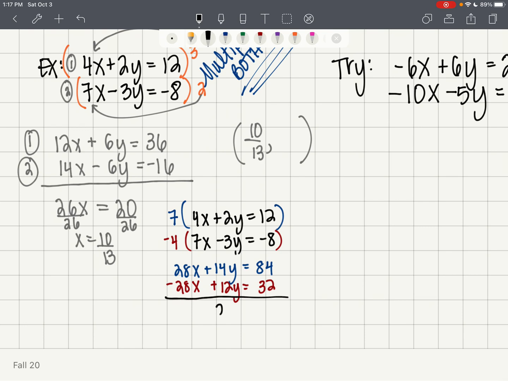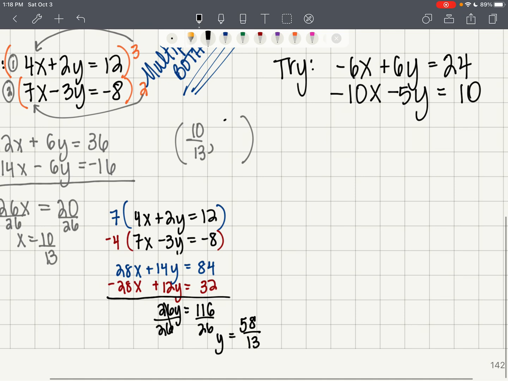We add the two together, 26y equals 116. Divide both sides by 26. Reduce by 2, and we're going to get 58 over 13.